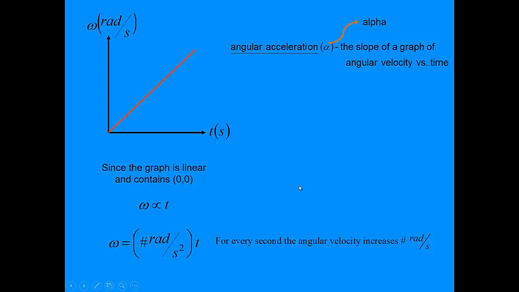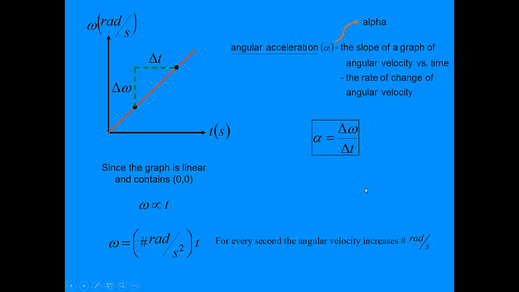Well, if we want to turn that into symbols, of course a slope takes 2 points. And you find the slope by doing rise over run. In this case, the rise would be how much the angular velocity changes. And the run would be how much the time changes. So, if the angular acceleration is the slope of this graph, we can say the angular acceleration is the rise, the change in the angular velocity, over the run, the change in the time.